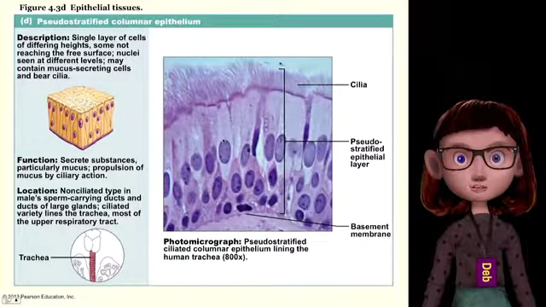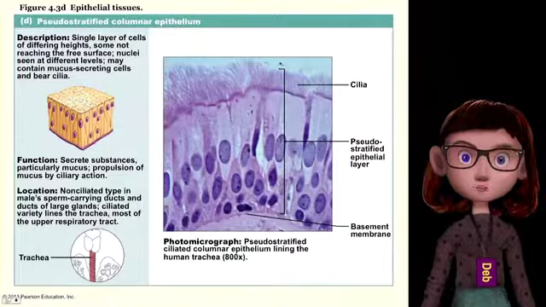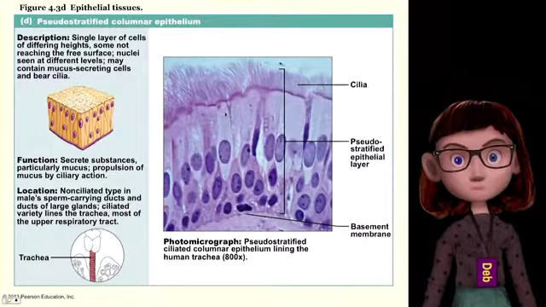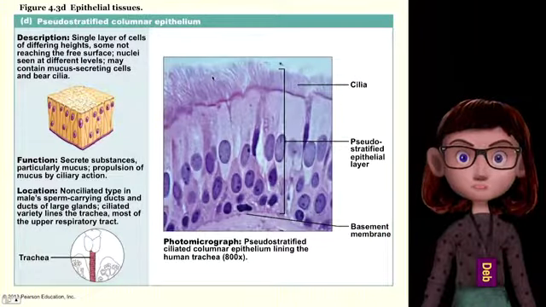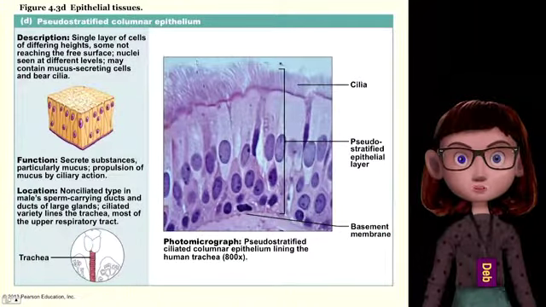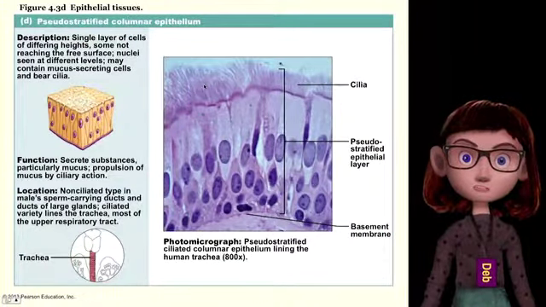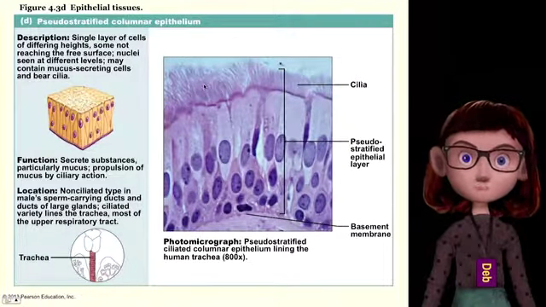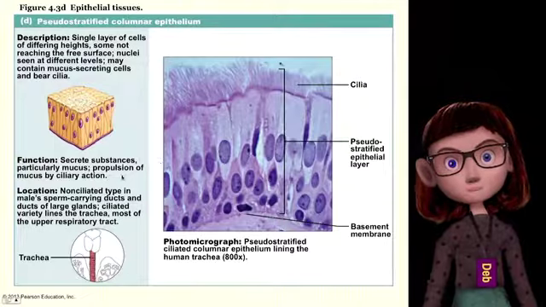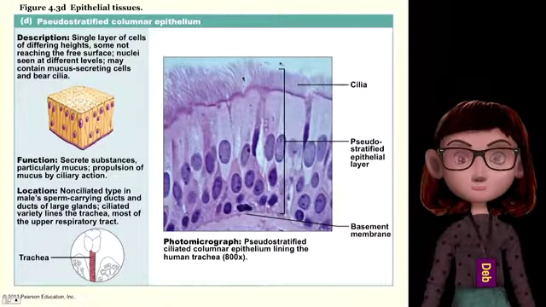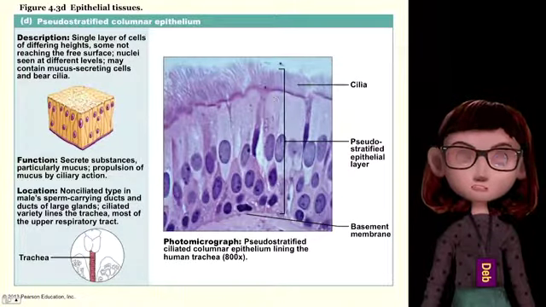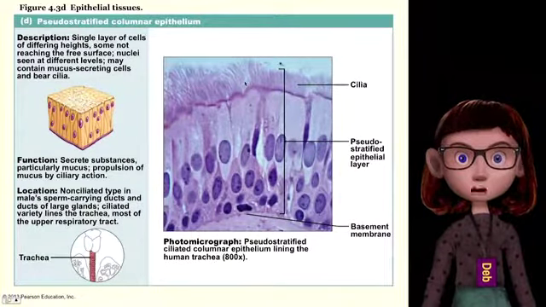Now in this example, from the trachea, we can see that this pseudostratified columnar epithelium has cilia. Cilia are projections into the lumen, or the empty space inside this hollow organ. And they are actually projecting in there, and they move. And these little transparent cells right here, these are mucus-producing cells. They produce mucus, and that will be secreted onto the surface.